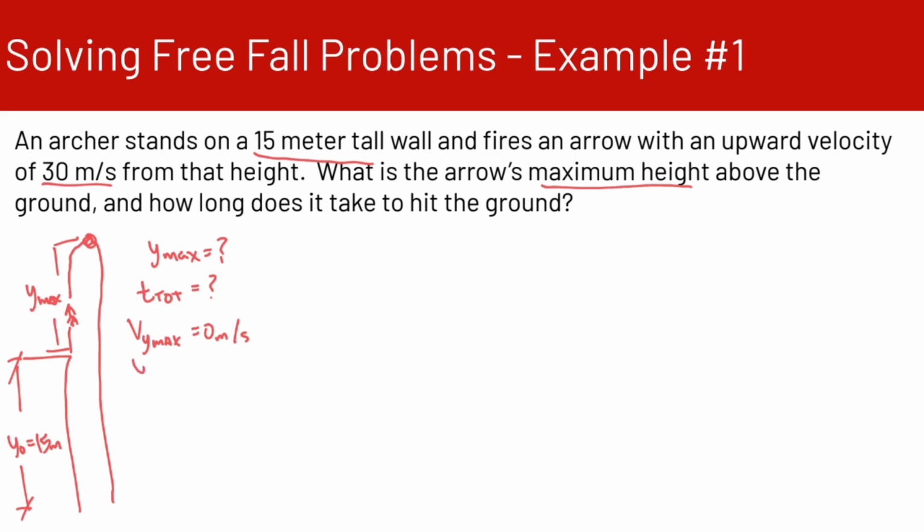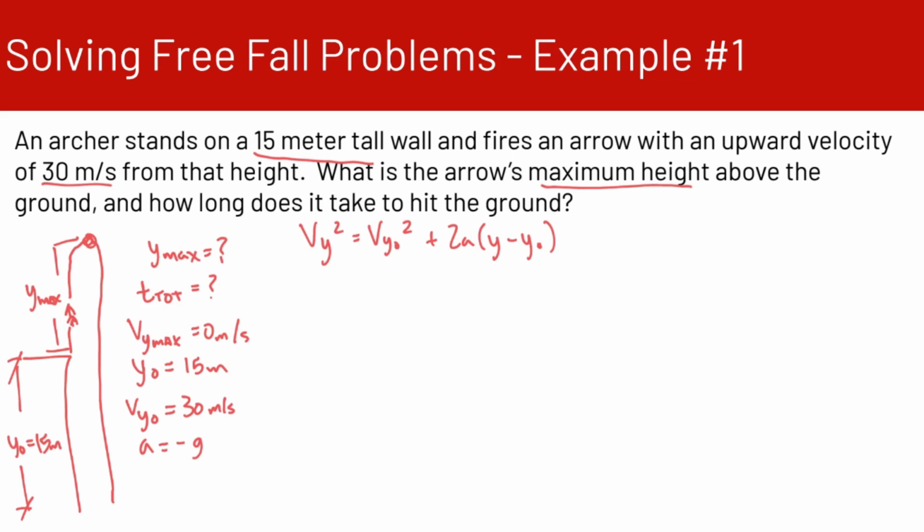Our y naught, as I said in the diagram, is 15 meters, and our vy naught, our initial velocity, is 30 meters per second. We don't have time information yet, so we're going to use the kinematics equation vy squared equals vy naught squared plus 2a times y minus y naught. And our acceleration here is equal to minus g.